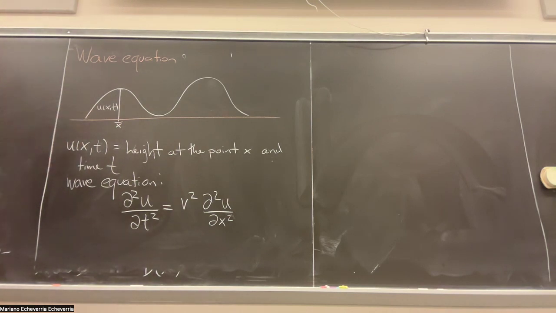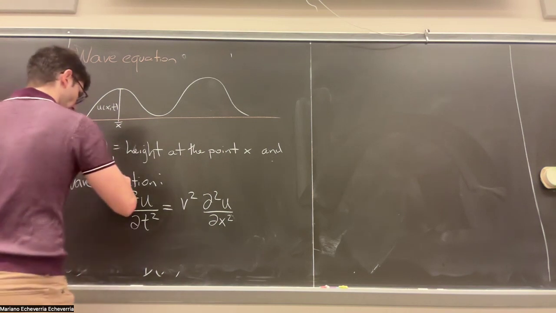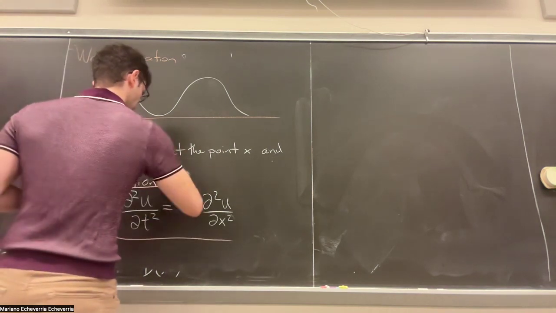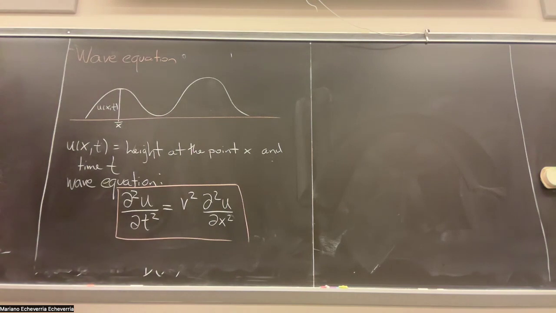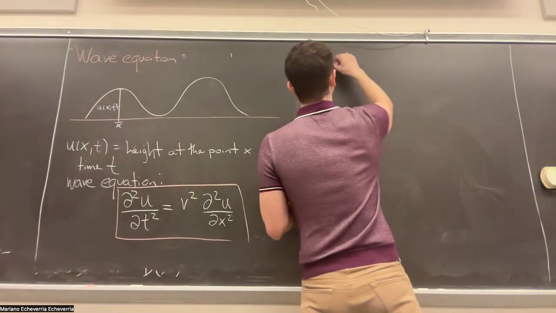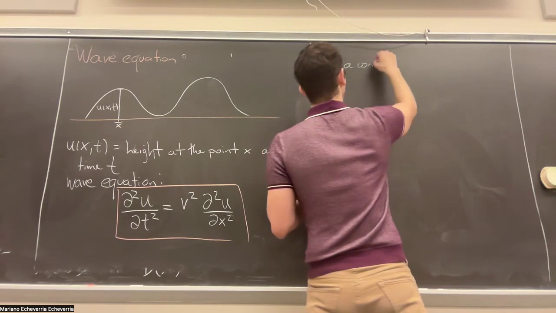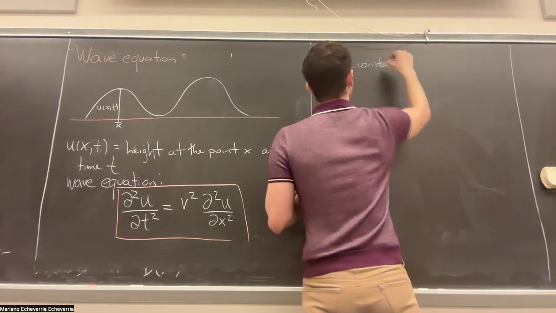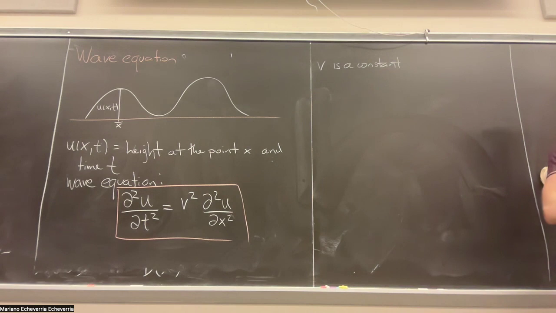There are no mixed partial derivatives in this equation. And here v is a constant, which sometimes I'll keep track of and other times I won't.